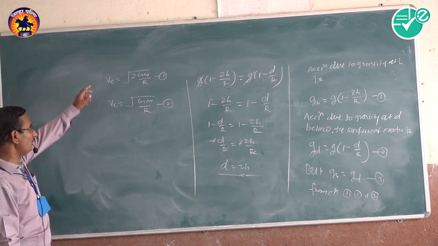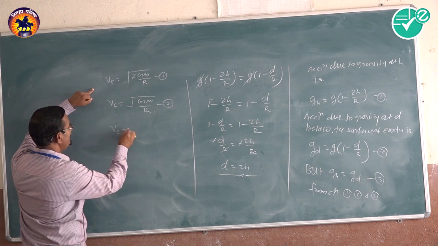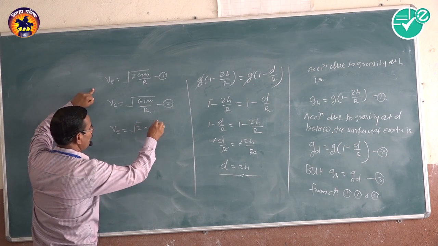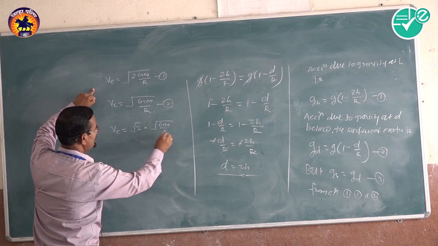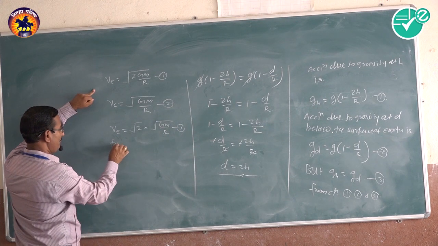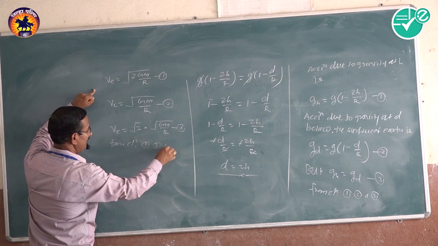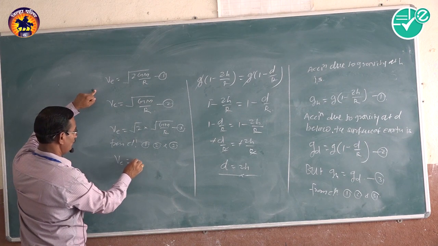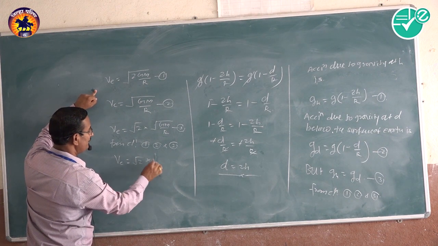But equation 1 can be written in the simplified form, that is v_e is equal to under root 2 into under root G capital M by R, that is equation 3. And from equations 1, 2 and 3, we get that v_e is equal to under root 2 into v_c.